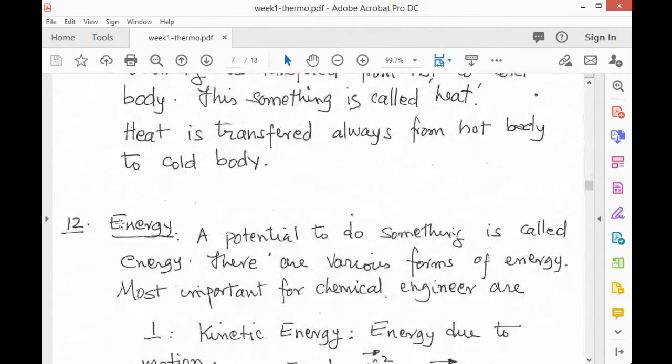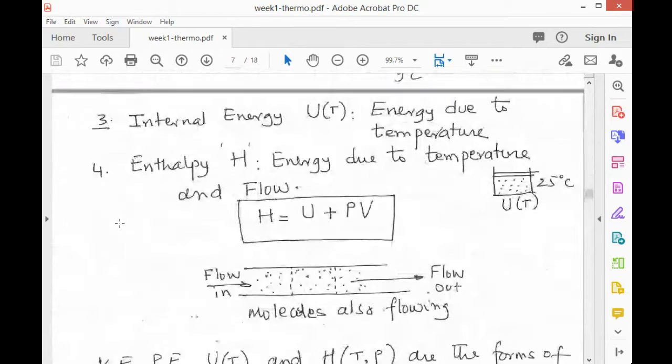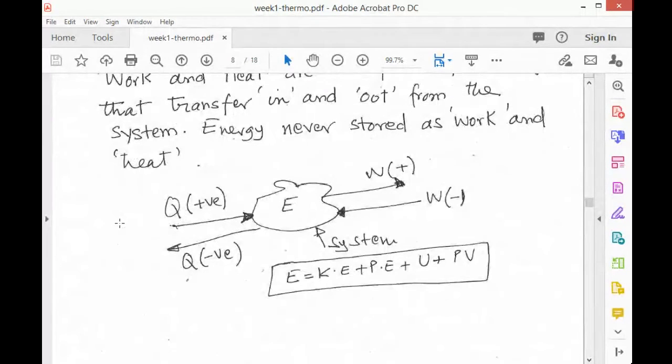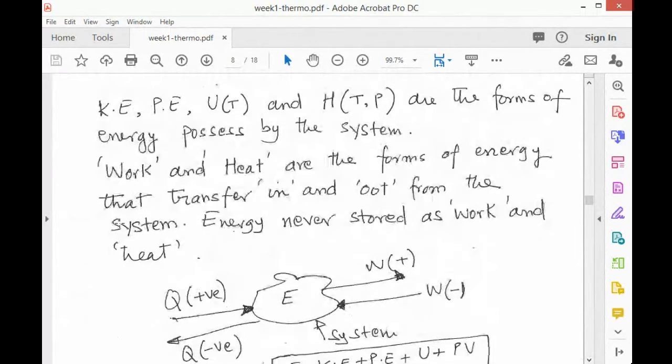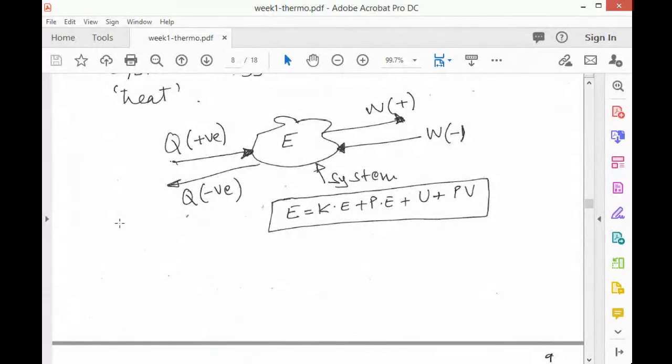Then we talked about heat and different forms of energy. Then we talked about open and closed systems. As I told you, work and heat are the forms of energy that go into the system and come out, but they are not stored as W or Q. They are converted to internal forms of energy inside the system.